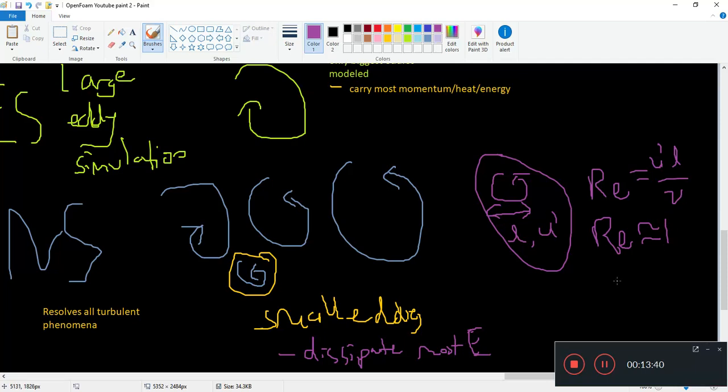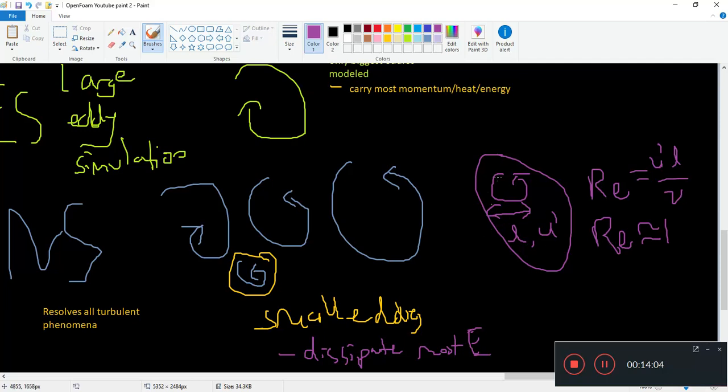So these are the times where the viscous forces are about comparable to the inertial forces, and the dissipation rate is so high that it starts to break the eddy up. The eddy disappears because the turbulent kinetic energy is being dissipated.